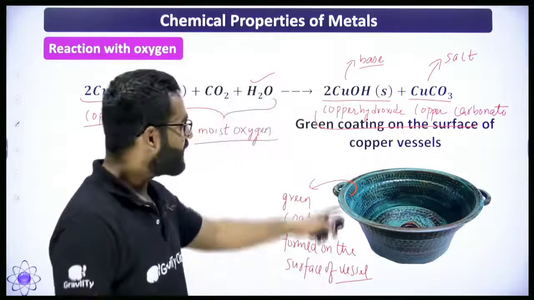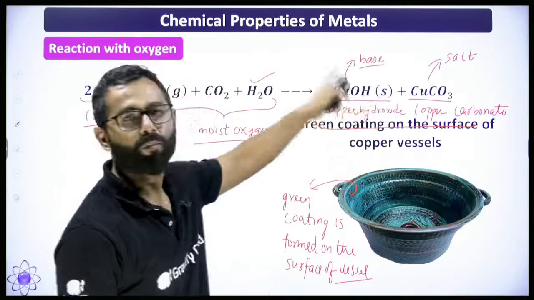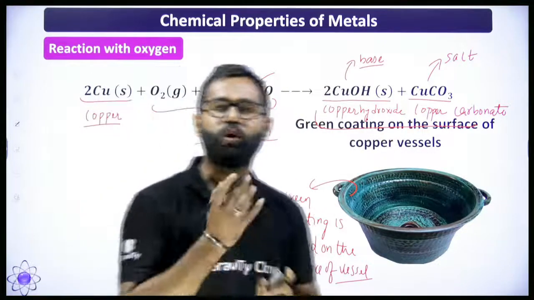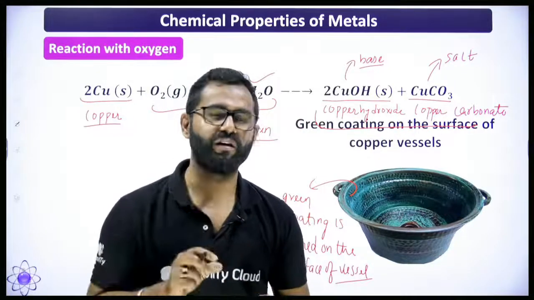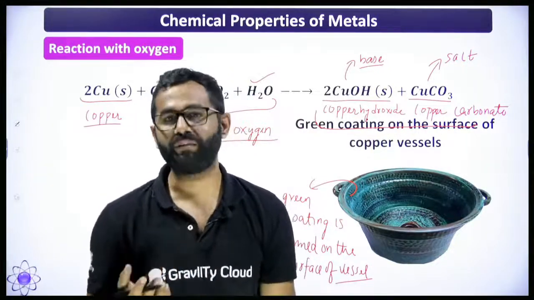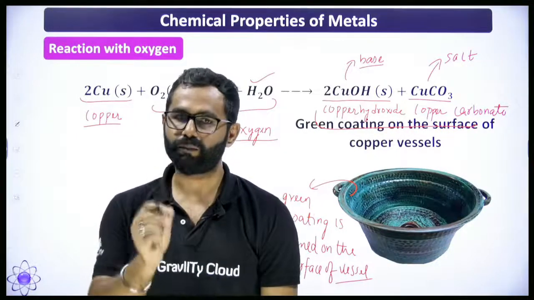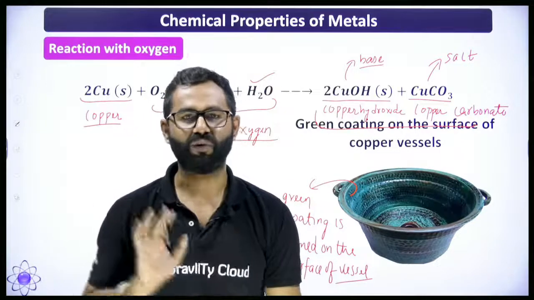What is that green coating? That green coating is actually copper carbonate plus copper hydroxide. Simple. You can even do it at home. If you have a copper coin, or a vessel or utensil made of copper, just keep it untouched for 1 week.